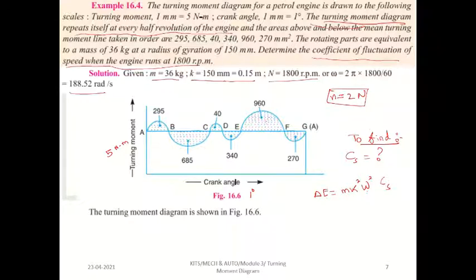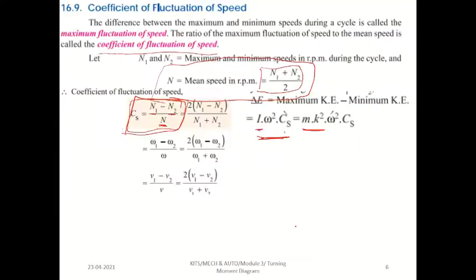In the question, they have given the omega value, the k value, and the mass value. Still, what we have to find out is del E. For that, we have one more method. We have to add every energy and then we can find the fluctuation of energy. We have the formula here now.